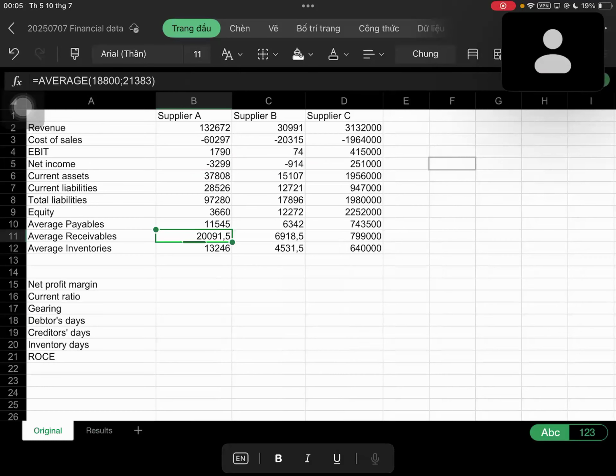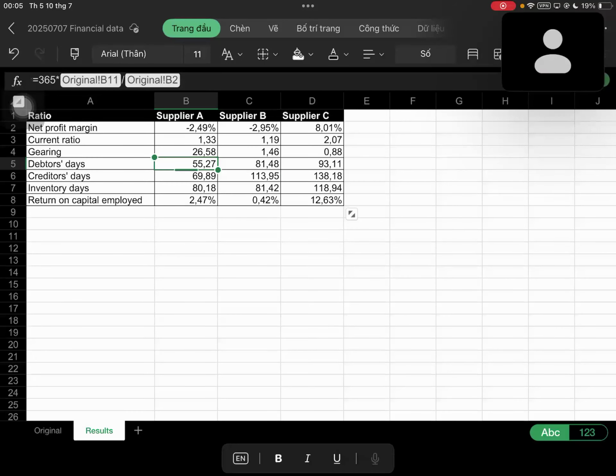For creditors days, supplier A also has the lowest figure at about 70 days. Quite impressive because it can pay on time. But supplier B and supplier C take longer to pay their creditors. Although supplier C has a healthy margin, a pretty good current ratio and a settled gearing, somehow they take too long to pay off the creditors.